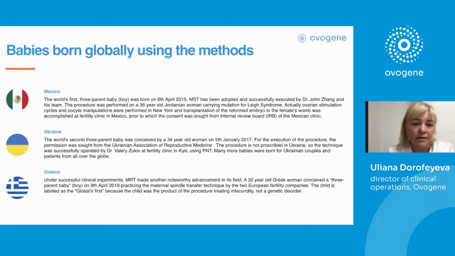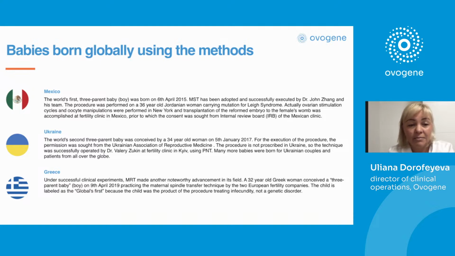In Greece, under successful clinical experiments, mitochondrial replacement therapy was done for a 32-year-old Greek woman. She conceived a 3-parent baby boy on the 9th of April 2019, and that was a maternal spindle transfer technique by 2 European fertility companies.